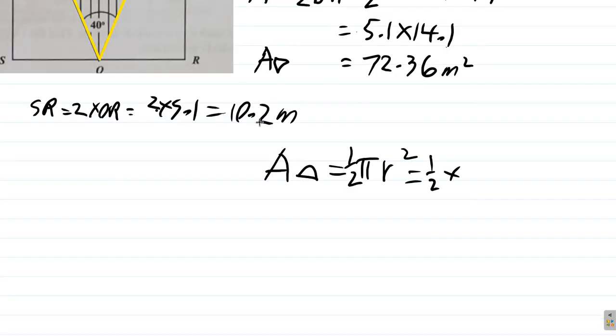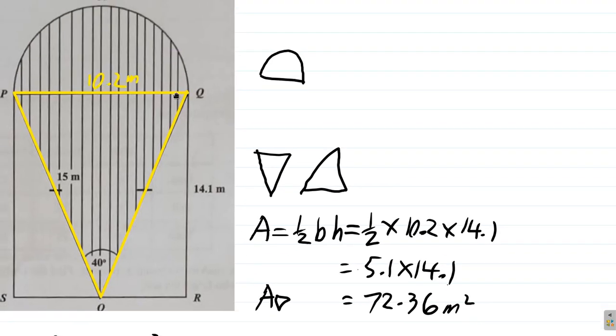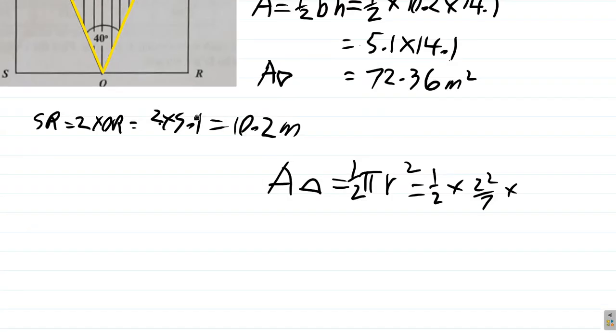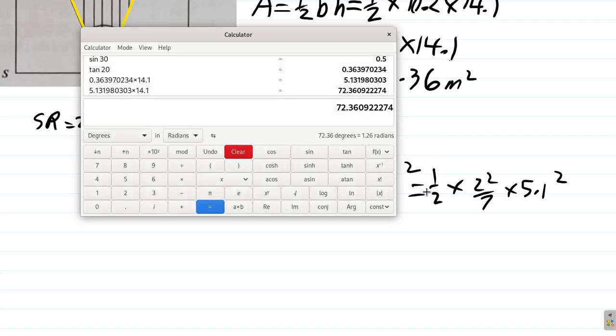Half times 22 over 7 times r squared. What is the radius of this semicircle? It's 5.1. You can see you have the 10.2 going across, so it's 5.1 halfway there. So half pi r squared, so it's 5.1 squared. Alright, so let's get our calculator and work it out.